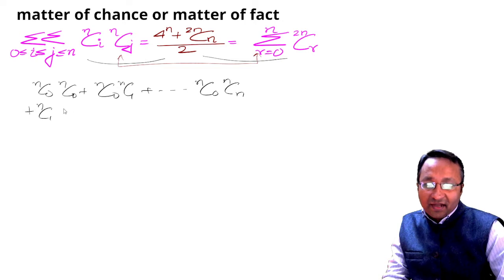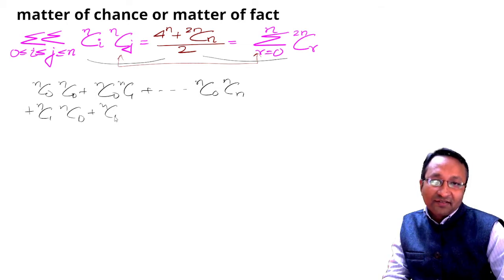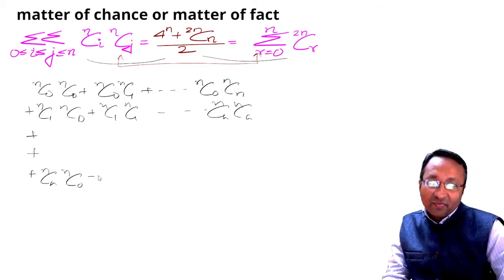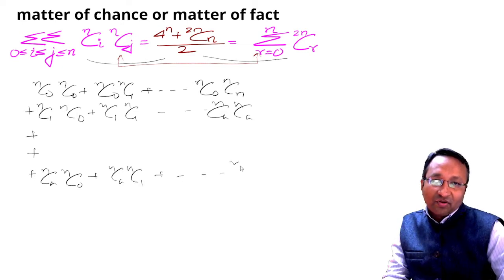Additionally, keeping i as 1, I take again j from 0 to n, so that makes it nC1, nC0, nC1, nC1, and so on up to nC1, nCn. And likewise, I keep on changing the values of i till I reach nCn, nC0 plus nCn, nC1 plus up to so on nCn, nCn.